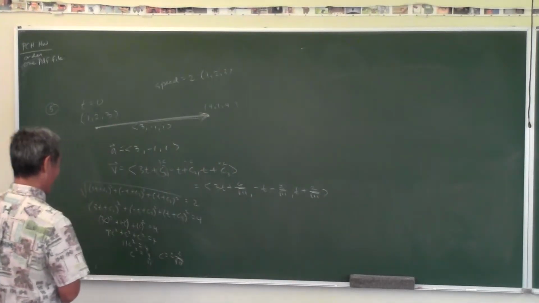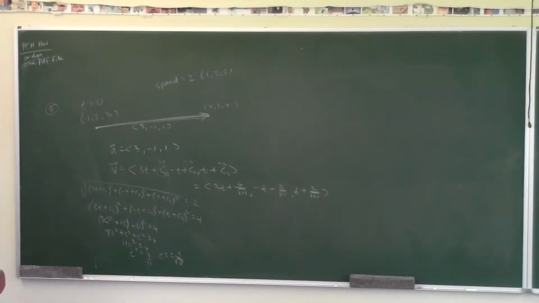Why wouldn't the negative one work? Well, because then at t equals 0, it'll go in the negative direction, because it's going to go the other way. Yeah, right? Because you're subtracting from 0.